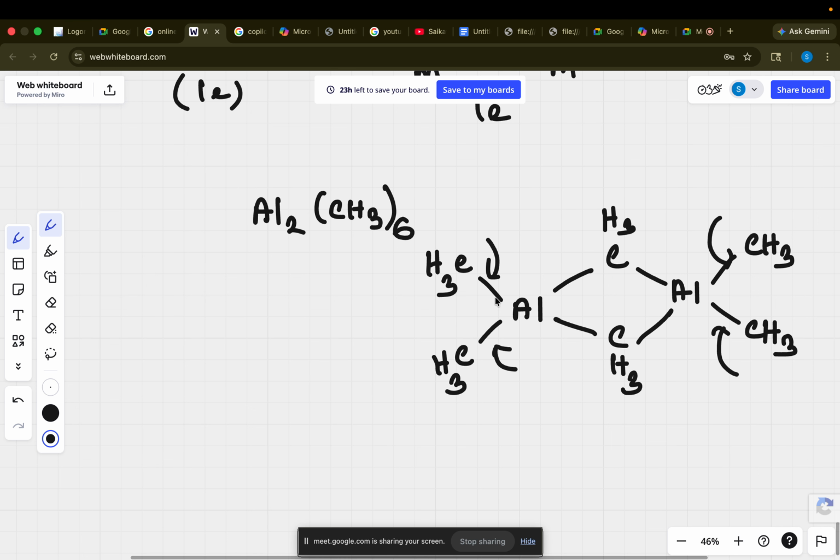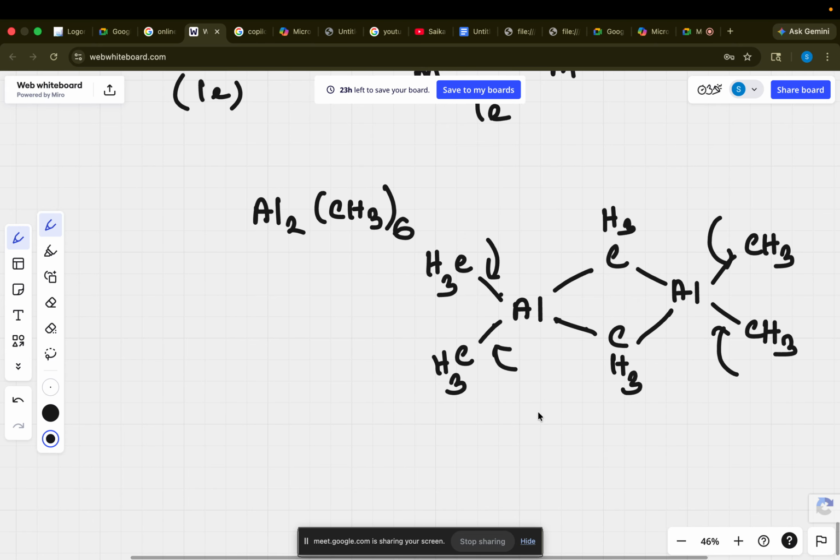Now how to check? Aluminum has how many valence electrons? 3 valence electrons, right? So 1 electron is involved here, 1 electron is involved here. Now suppose 1 electron is involved here and CH3 is donating 1 electron here.